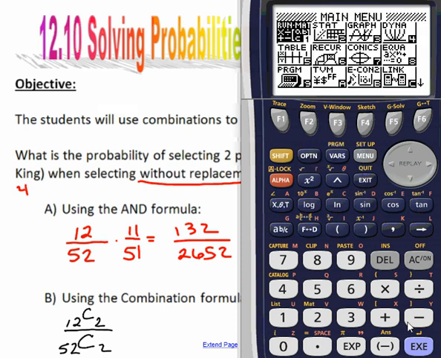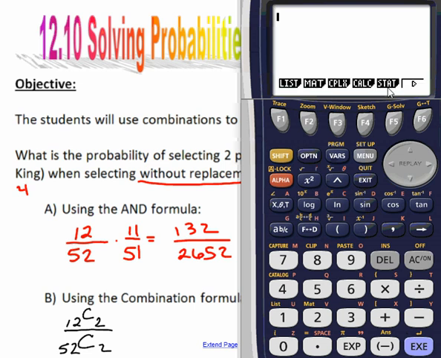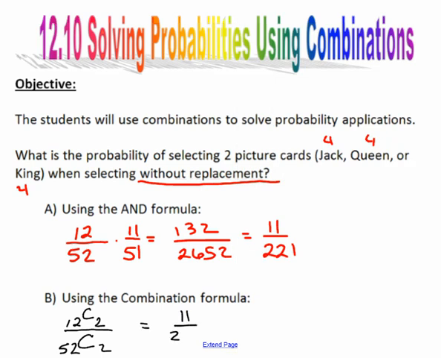So we go into option, we arrow over, we get to probability, and then this is where we can do our 12C2 divided by 52C2. And you can see we get that. I'm going to go ahead and hit FD. You can see we get that same thing, 11 over 221. So we do get the same amount here as what we did the other way.